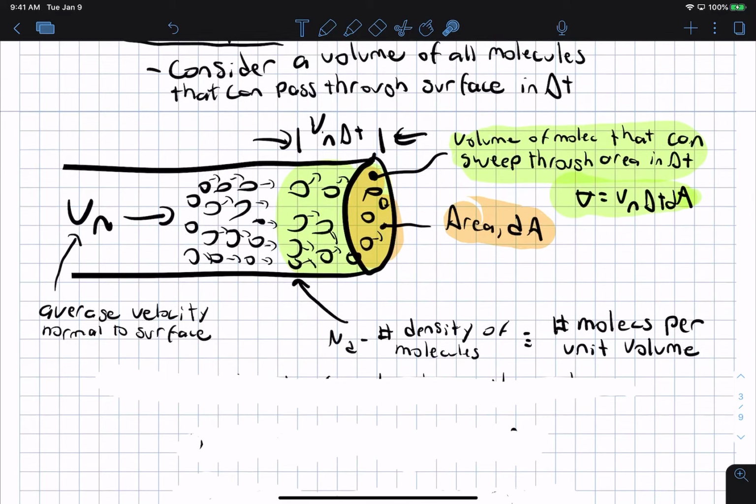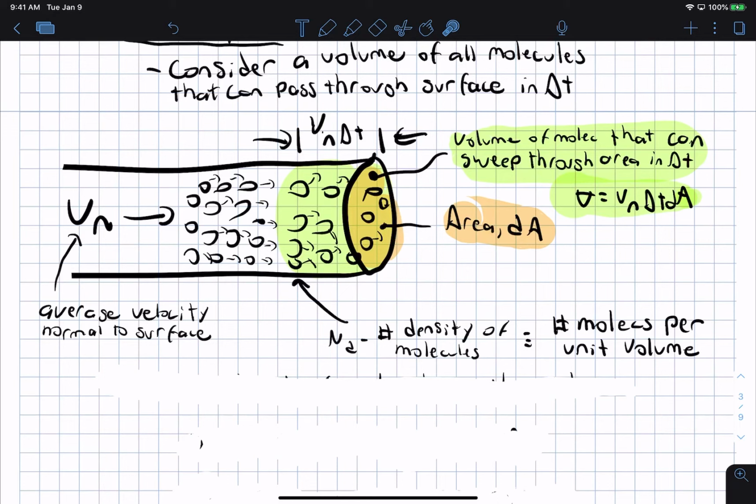And this is ND, which is the number density of the molecules, and that is the number of molecules per unit volume. Okay, so if I have a number density of 10 to the 6, that means I have a number density of 10 to the 6 per cubic meter. That means I have 1 million molecules on average in 1 cubic meter of volume.